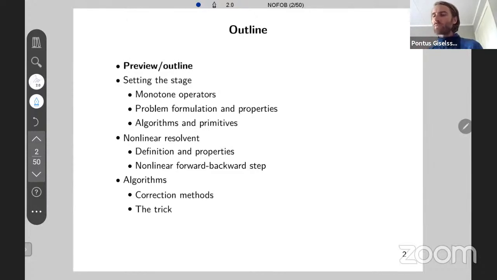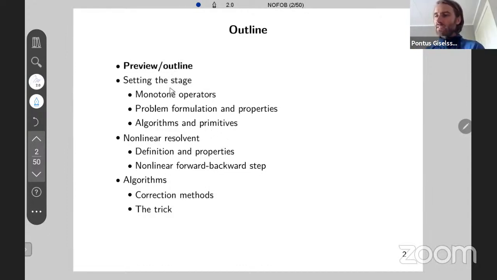After that, we will talk about what you can solve using monotone operators. You can pose a problem which is called the monotone inclusion problem. So we'll talk about that, different formulations and different additional properties of these problems. And after this, we will talk about algorithms and their primitives. This is mostly existing algorithms and the primitives that they use. With that, I mean proximal operators and gradients, essentially.